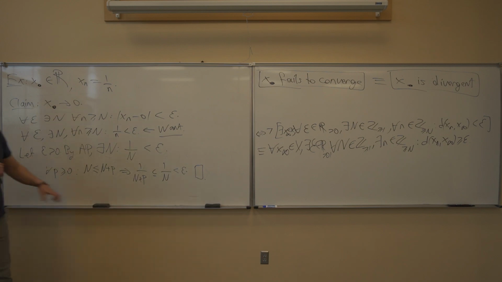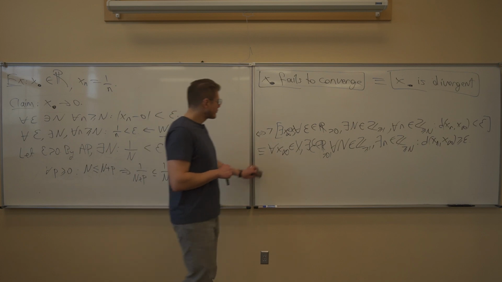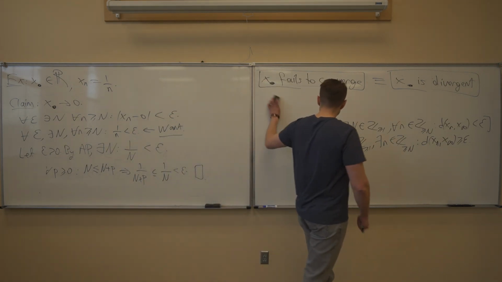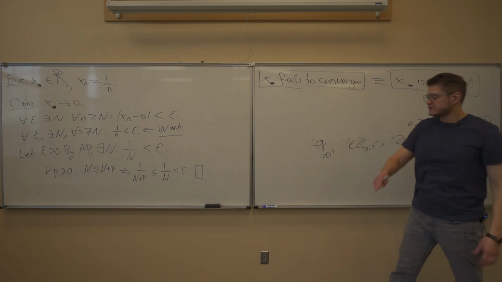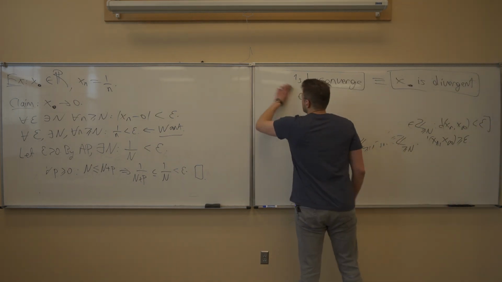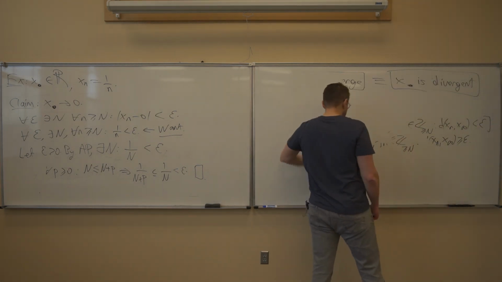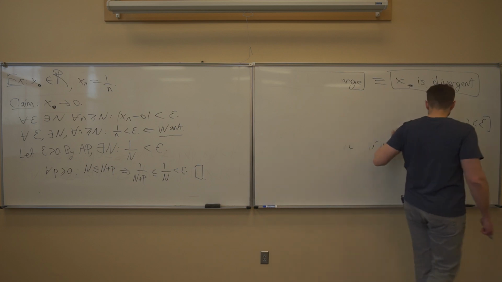Okay, let's look at another example. Minus 1 to the n. So this was a sequence that decays to 0. Now we look at the sequence that oscillates, that alternates.